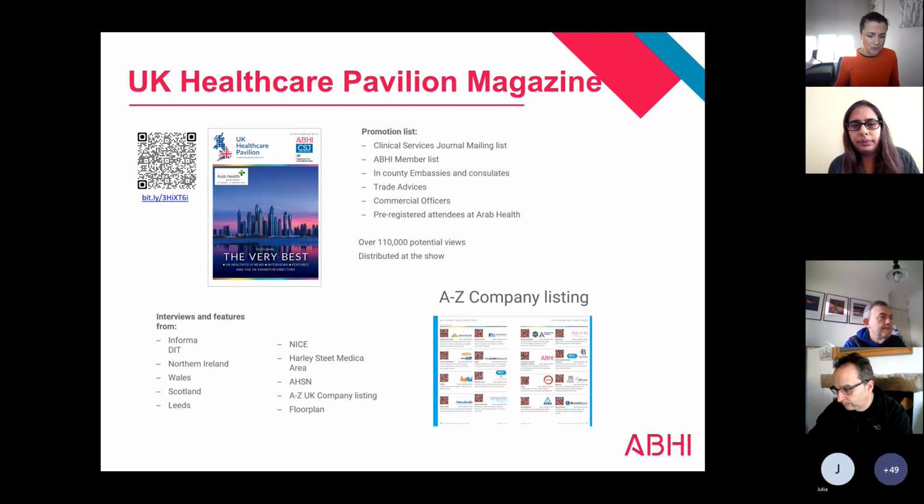But this is also a very unique service product opportunity that we've enabled, because not only is it an A to Z of the companies that are coming to the show, it's also got the floor plan within it, but most importantly, it's completely showcasing the whole of the UK, meaning that we've got features and interviews from Northern Ireland, from Scotland, from Wales. We've also got the HSN, we've got Harley Street talking about the clinics.